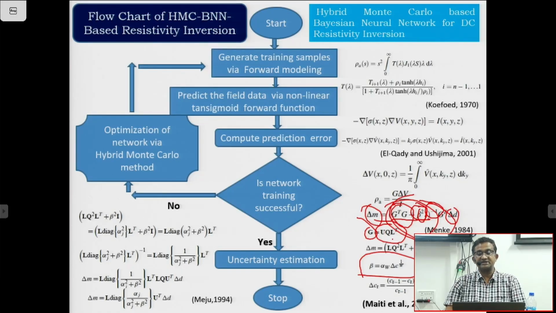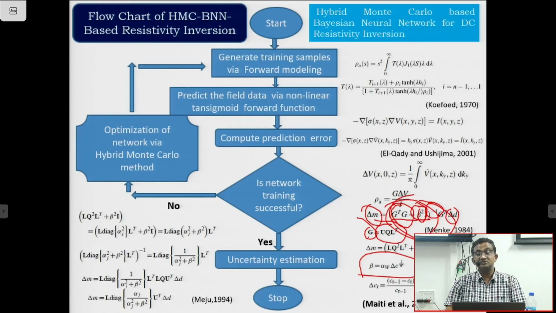So U, L and Q will be helpful to understand how many eigenvalues of G are very small or close to 0. If the eigenvalues of your G are close to 0, then instability will come.